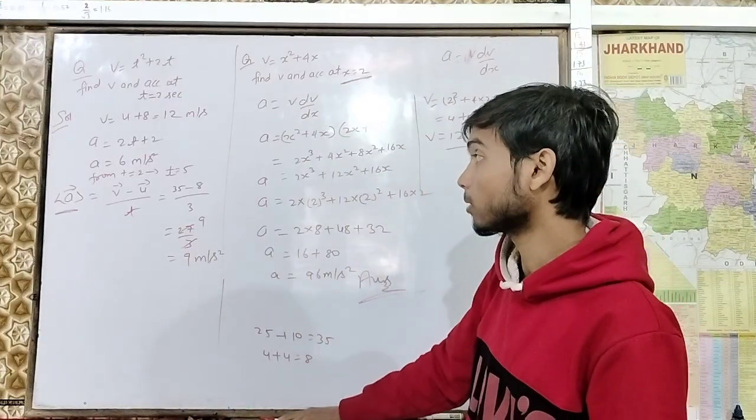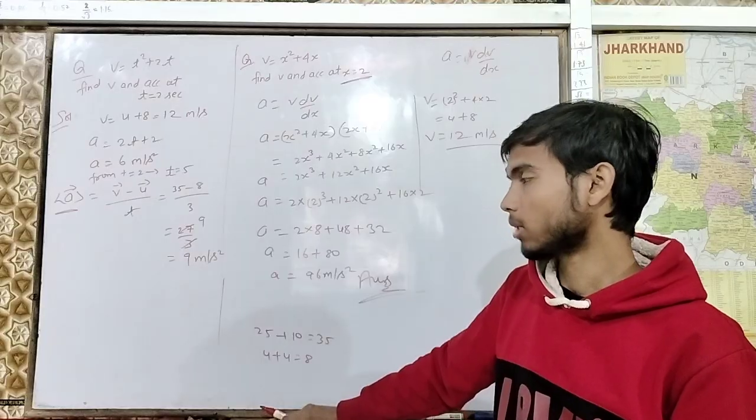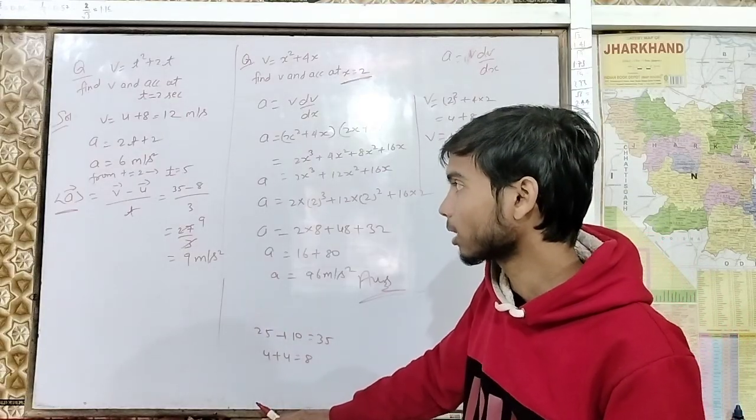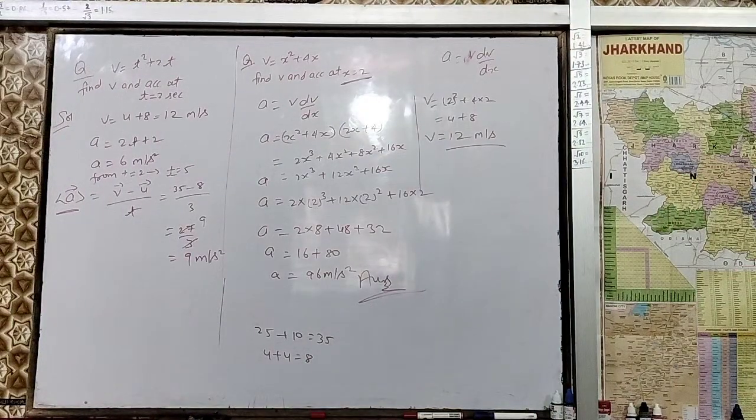The time taken was 3. Then we simplified, and after simplifying we got 9, which is the average acceleration. That is how you will solve it.